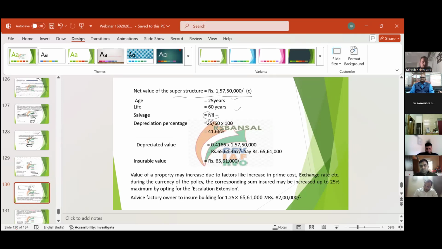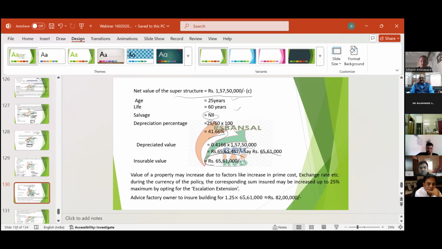So depreciation percentage is 25 upon 60 into 100, 41.66. So depreciated cost is 41.66% of 1 crore 57 lakh. So depreciated value comes out to be 65 lakh 61,000. So insurable value is 65 lakh 61,000.